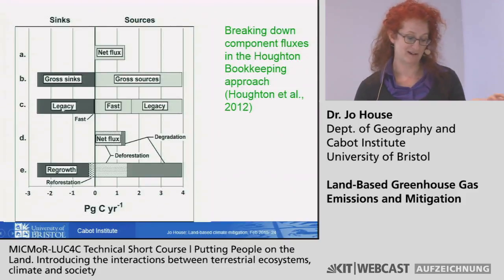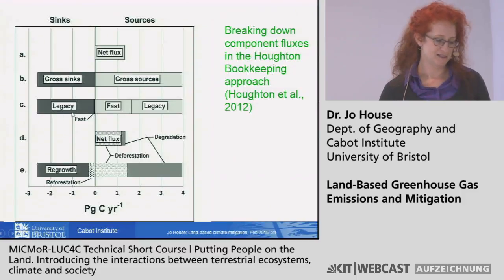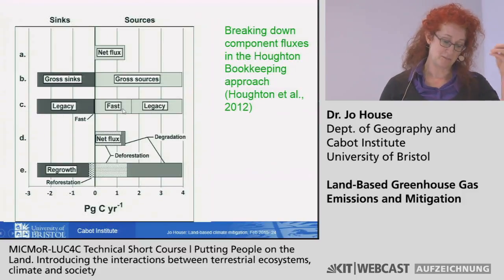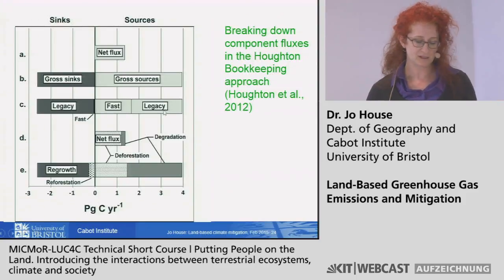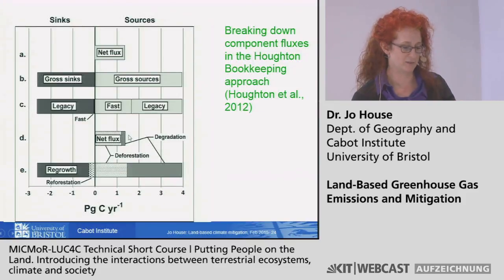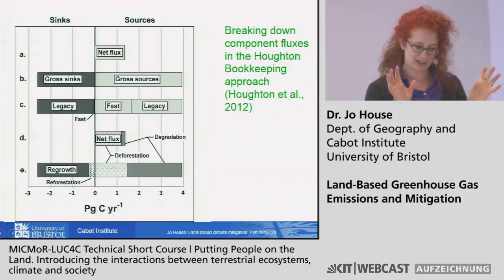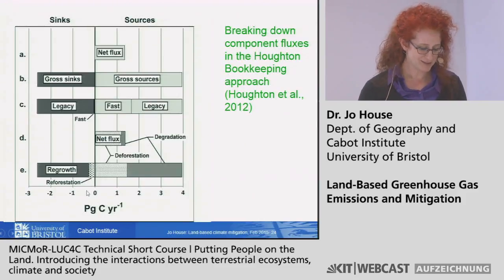So all the sinks are kind of legacy, because you plant it, it's not immediate, it takes a while. You've got legacy sinks, and you've got these immediate, fast emissions, and then these slower decomposition and use of products, and then product decomposition legacy emissions. So that's another way of thinking about what might or might not be included in different methods.